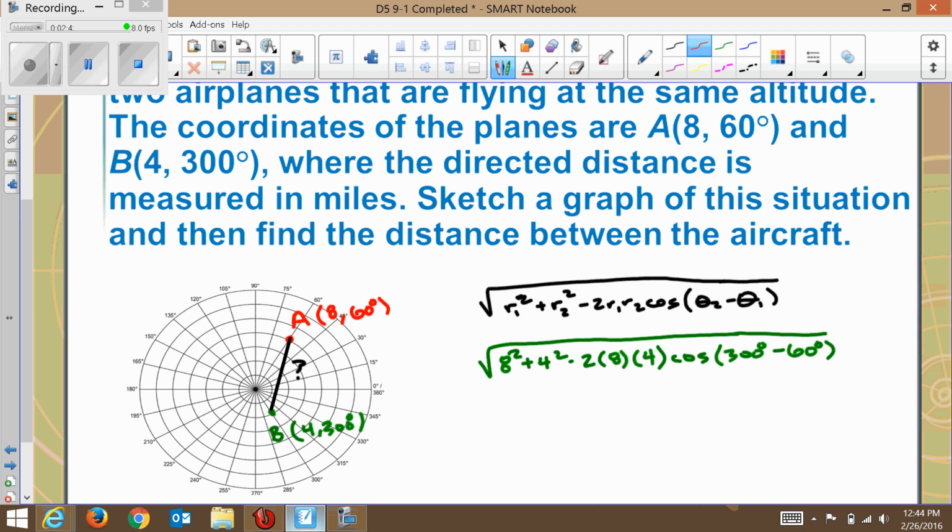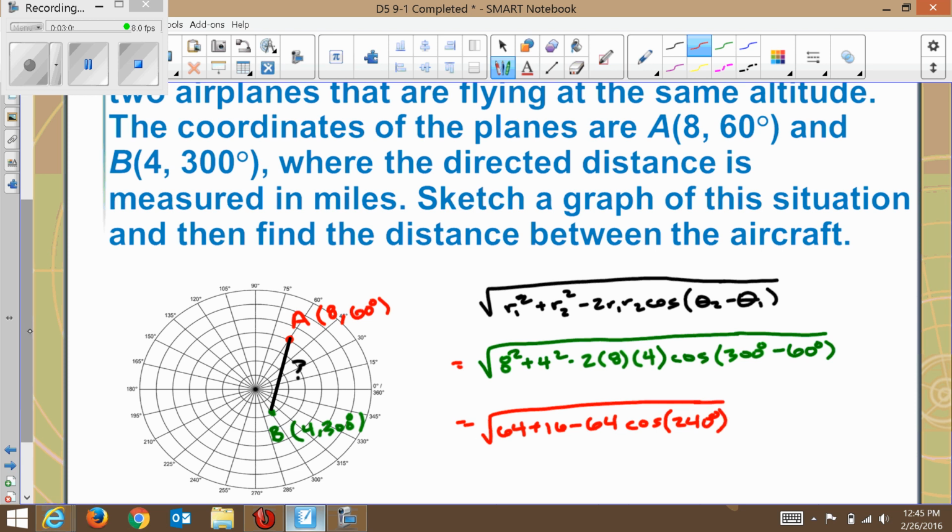Now let's go through and simplify. 8 squared is 64, 4 squared is 16, minus 2 times 8 is 16, times 4 is 64. Here, 300 minus 60 is 240 degrees.